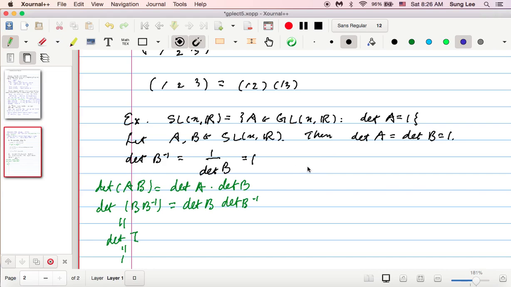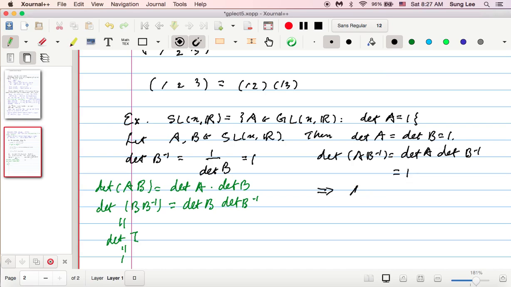So anyway, the determinant of A B inverse is the same as the determinant of A times the determinant of B inverse. This is 1, this is 1, so this equals 1.